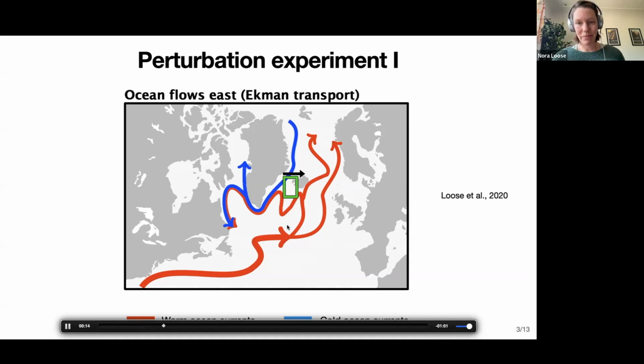And this sets up an anomalous pressure gradient, which spins up an anomalous clockwise circulation around Iceland, as shown by these black arrows here. And this anomalous circulation pattern will then weaken the Norwegian Atlantic current. And at the same time, it will also weaken the East Greenland current.